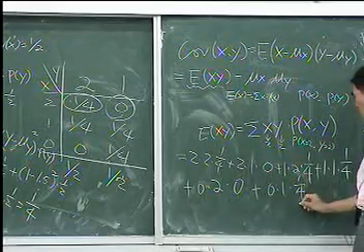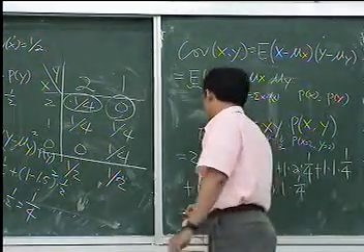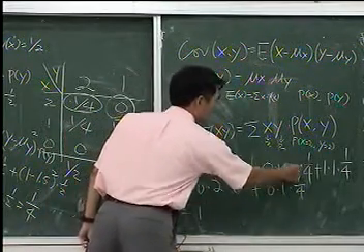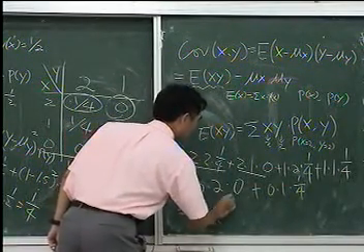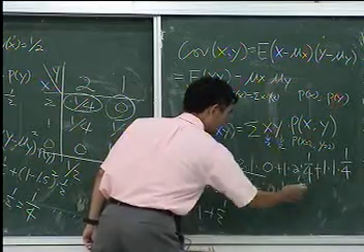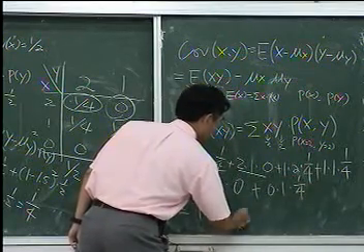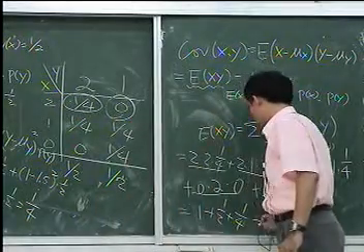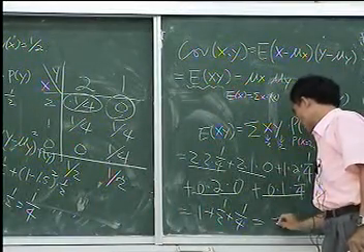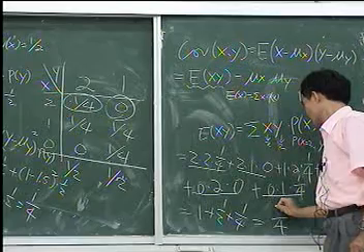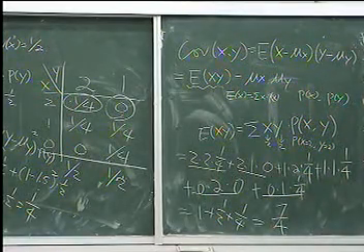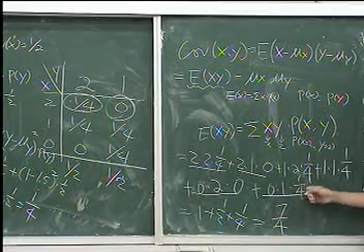So what do you get? You get 1, 0, and 1/2, then 1/4, and 0 and 0. So what do you get? You get 7/4.